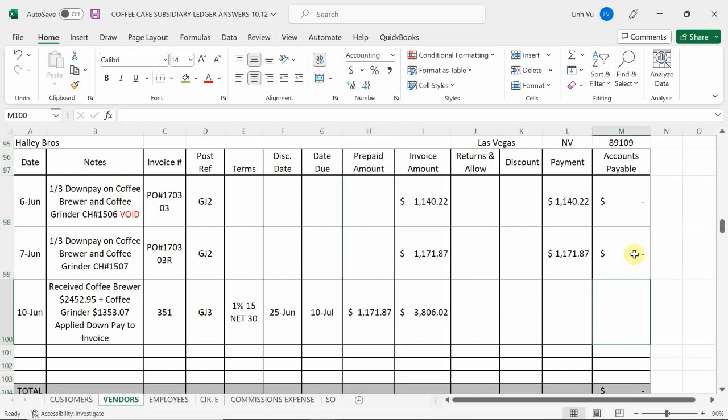And if you have your formula in here correctly, it should reflect that you should be owing $2,634.15, which is correct because that's exactly what your statement says is due, right? It's $2,634.15. Okay?